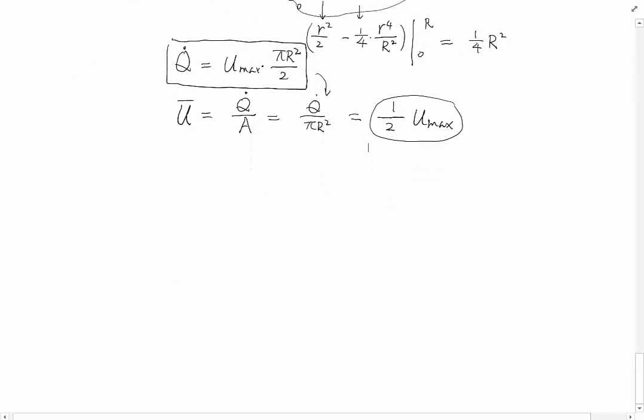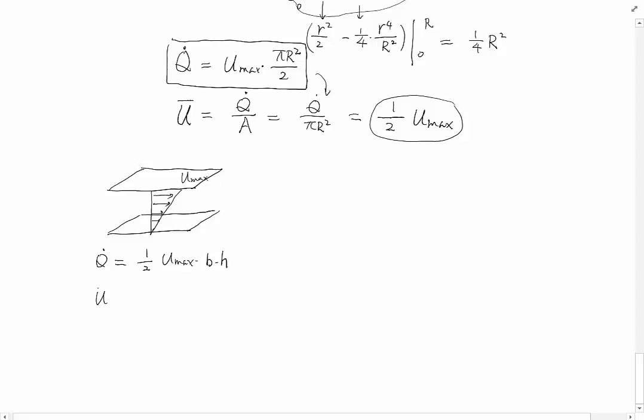Let's summarize this. For a rectangle with a linear velocity profile, Q dot is half, say this is Umax, half Umax times b and h. U average is half of Umax.